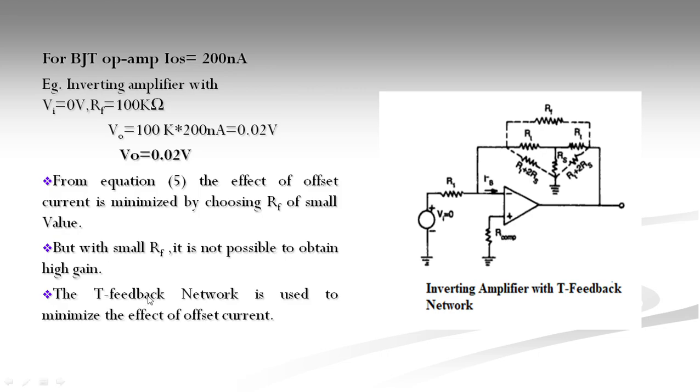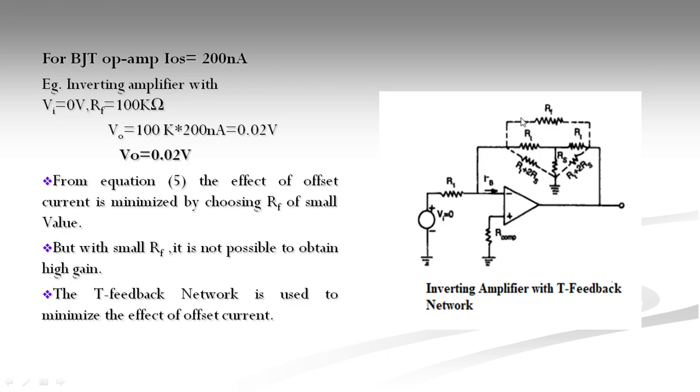A T feedback network is used to minimize the effect of offset current. If you look at the circuit diagram, here the feedback resistor is being replaced by this T feedback network, and this T feedback network is going to provide a solution because it is going to keep the feedback resistance, and at the same time, it is going to keep the resistance to ground at a low level.